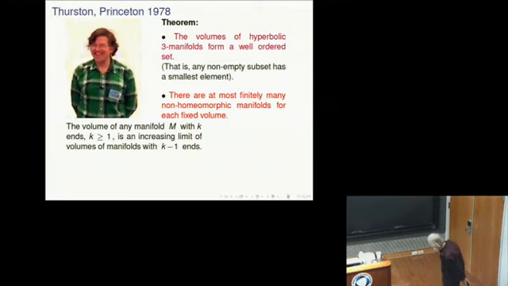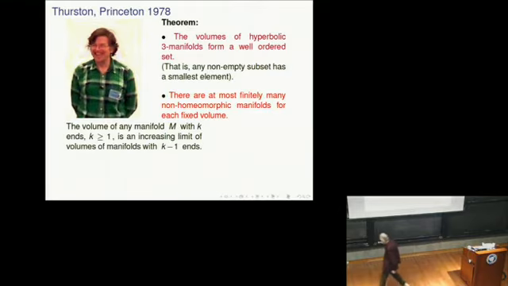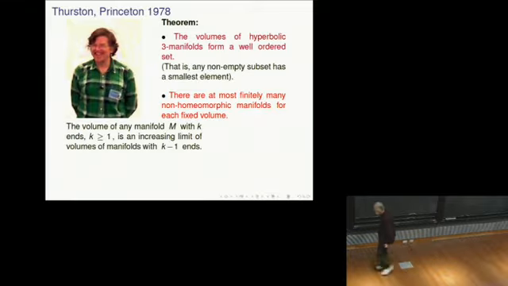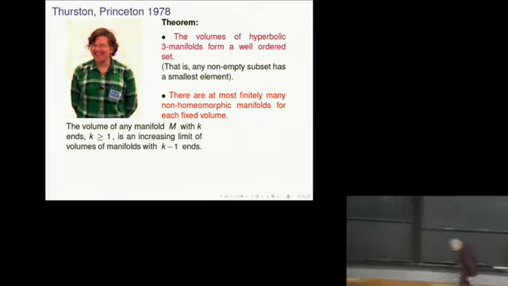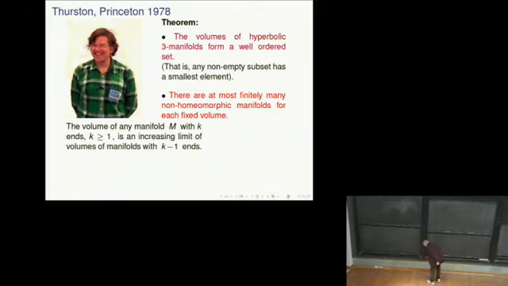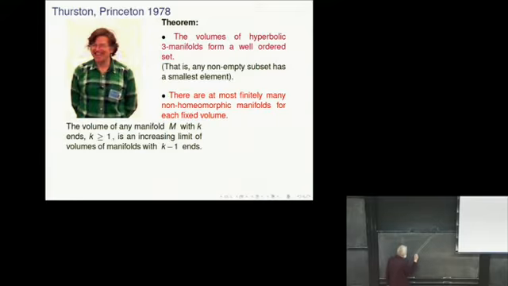And there's another more explicit description. Suppose you have a manifold with k ends. Maybe I can use the blackboard. If you think of a hyperbolic manifold with finite volume, which is non-compact, then it has to go out to infinity in a very thin spike.